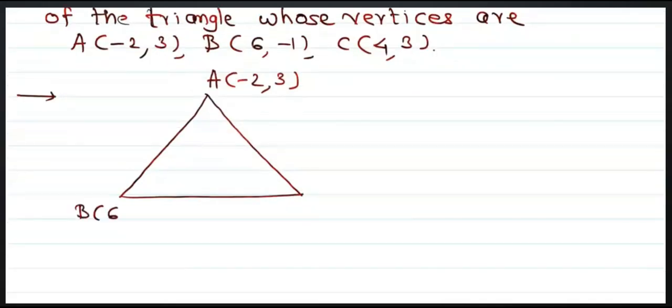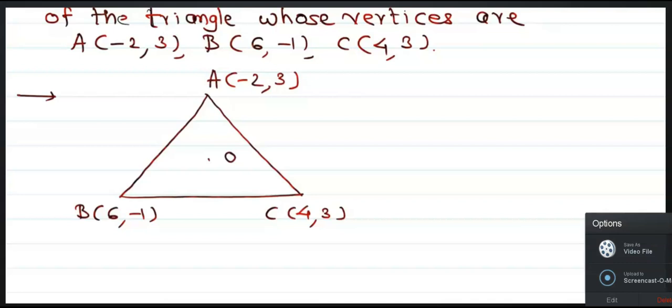Now see this figure. To find the circumcenter, draw the perpendicular bisectors on AB and BC, find their equations and solve those two equations simultaneously. Then you will get the circumcenter of the given triangle.